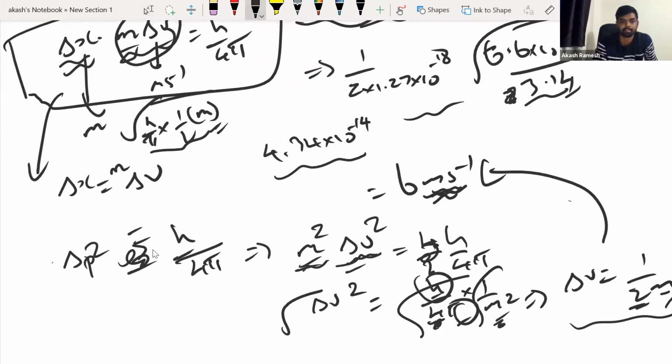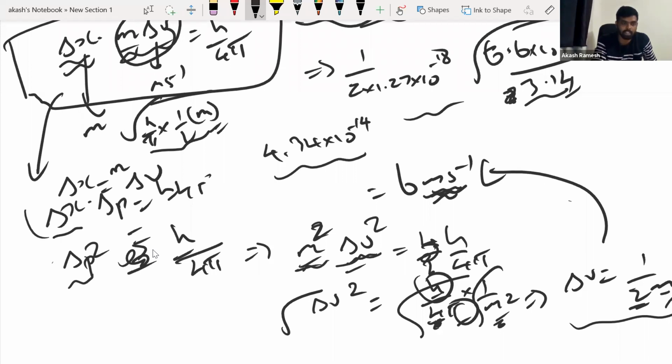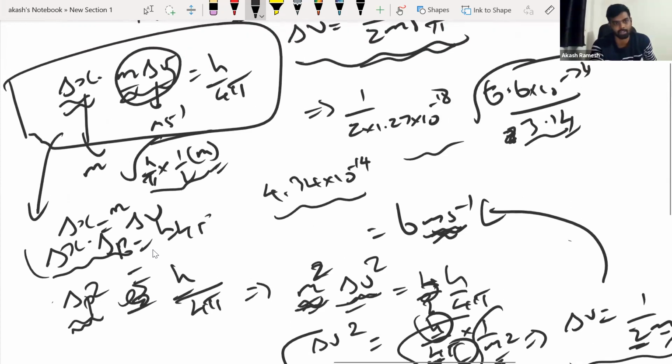Mass square should come. You're writing delta p squared: delta x into delta p is h by 4 pi. If I make these both equal, it becomes delta p squared, which will become m squared delta v squared. That's the only difference. Yes, sir. I only made a mistake there. Okay, cool, no issues.